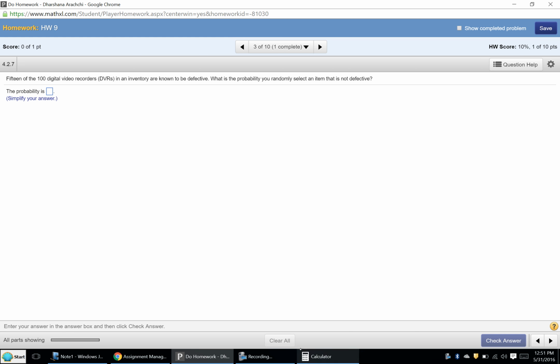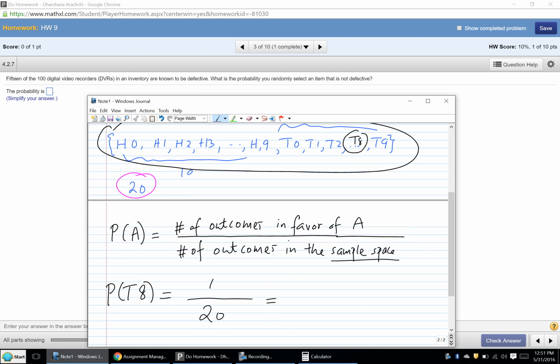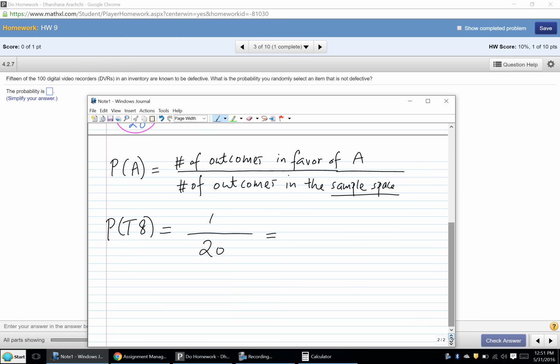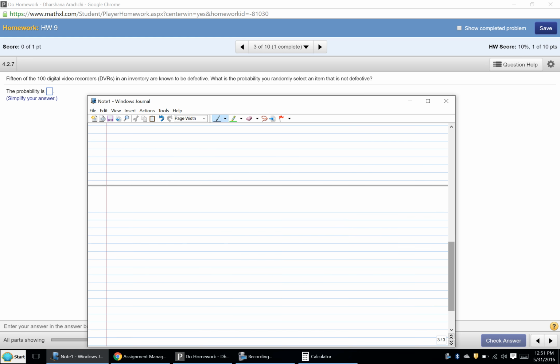Okay, so for the second question, let's see the number of defective items. What is the number of defective items? It is 15, right?